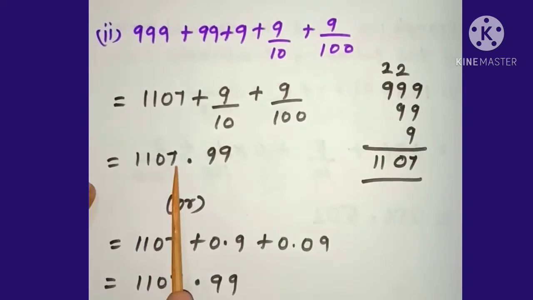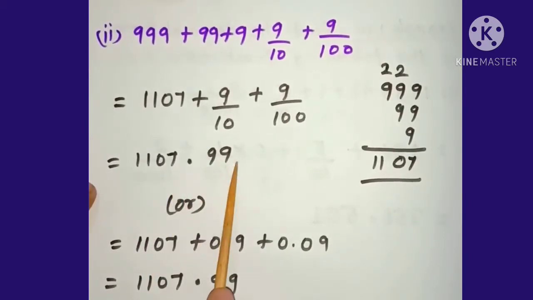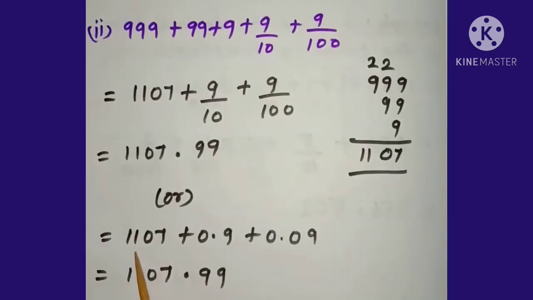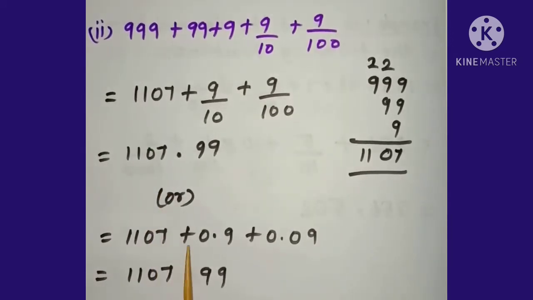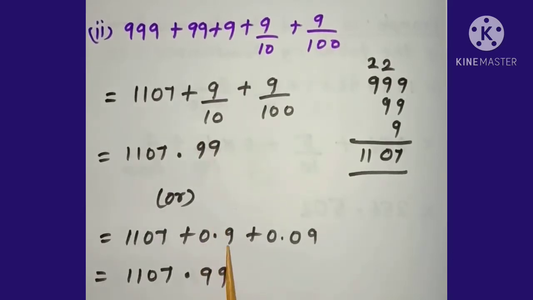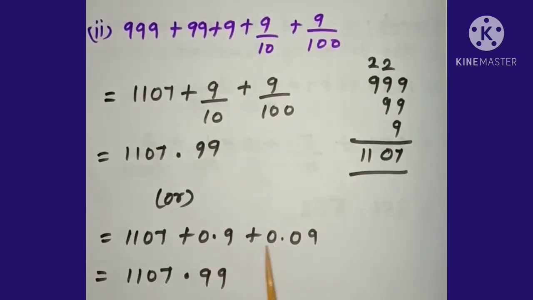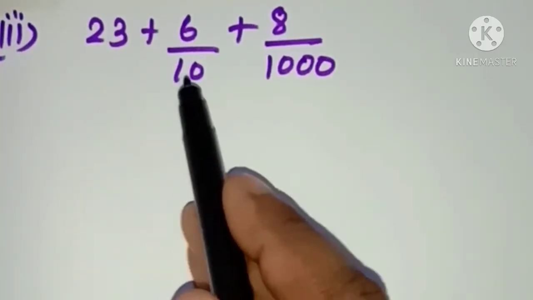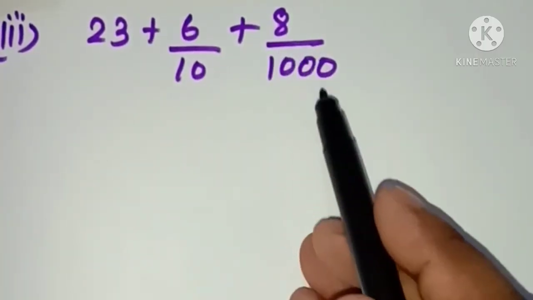So 1107.99 is the decimal form of the given fraction. Or else we can do it like this also, students. 1107 plus 9 by 10, we can write as 0.9, and 9 by 100 can be written as 0.09. Now adding all these values, we get 1107.99.